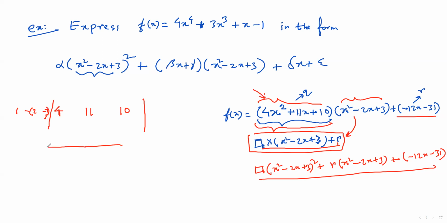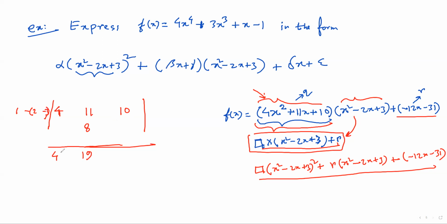So 4 directly gets here. 4 is multiplied by 2, so that we have 8 here. And 11 plus 8 is 19. Now, 19 gets multiplied by 2, but we are not going to continue that because we already reached the situation where we stop.